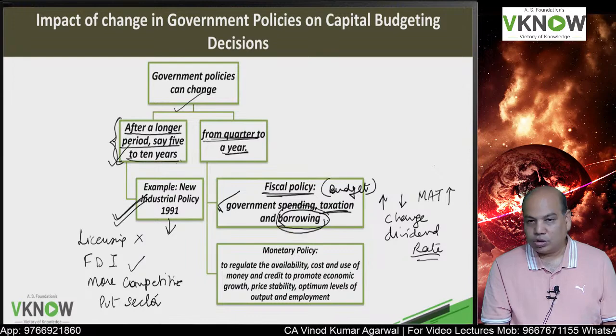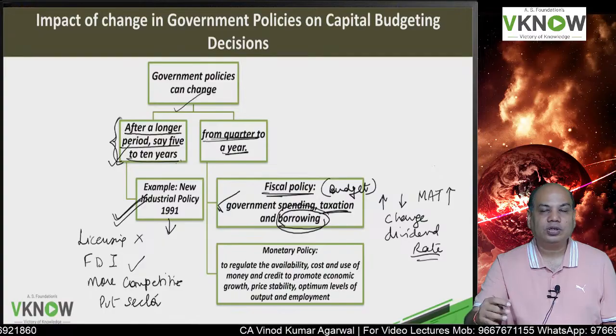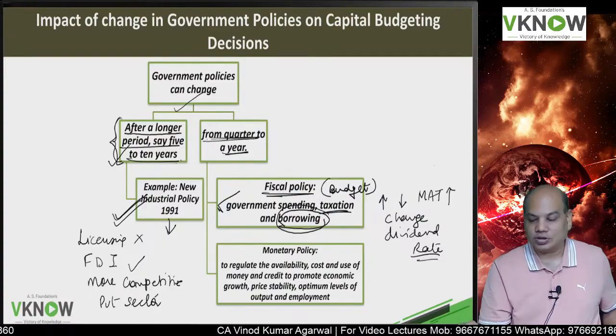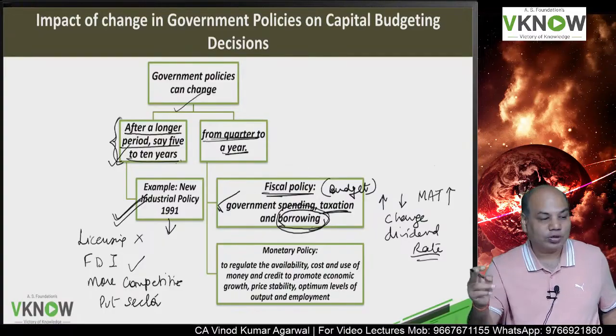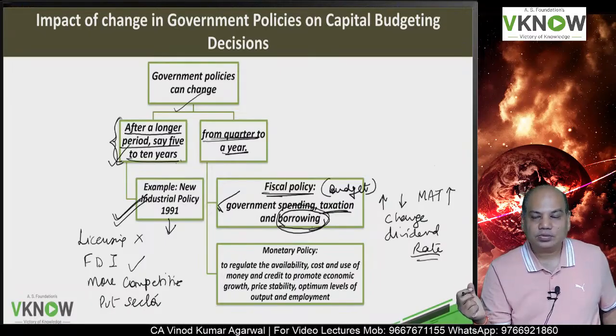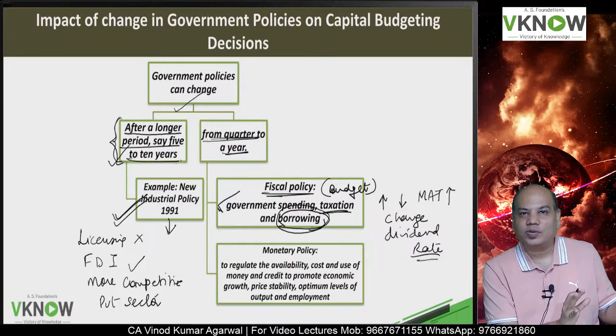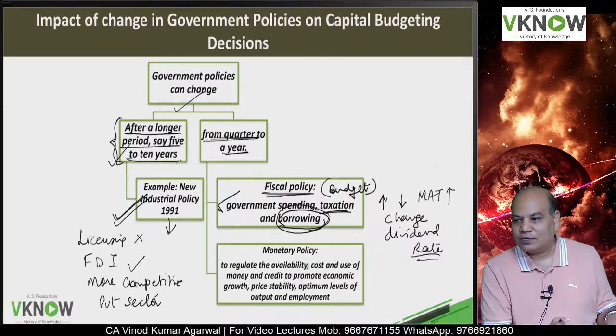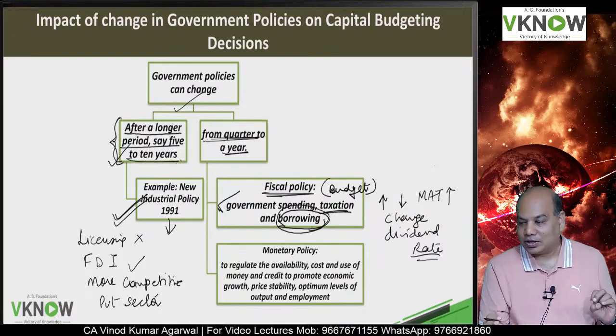Yes, when the government borrows, funds available for lending to the private sector reduces. This is called the crowding out effect. In your economics they teach you, when the government starts borrowing, then less surplus is left for the private sector. So therefore their capital budgeting will get affected.